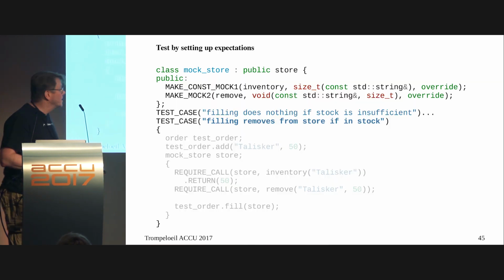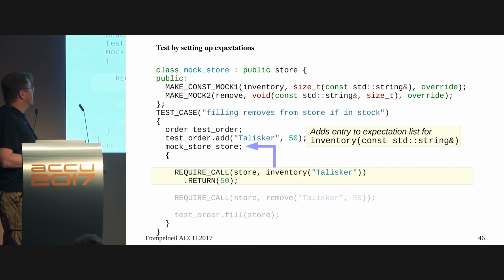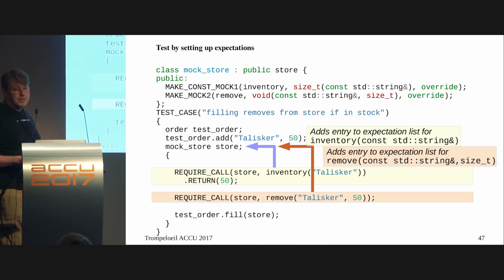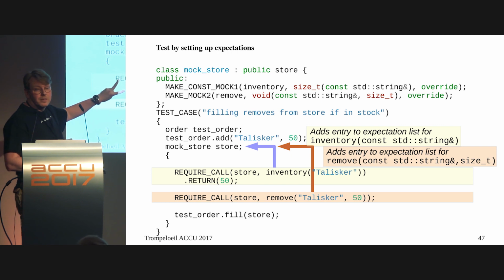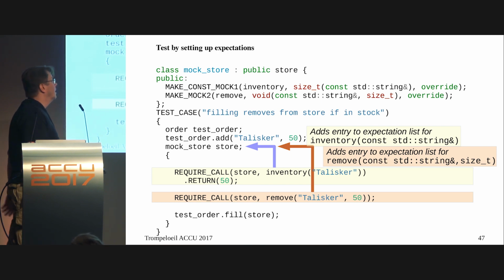Okay, excellent, one more test. Filling removes from store if in stock. So again, we set up an expectation that inventory is called. And we set up a new expectation that remove is called. Now you may note that these are two different lists. There's one expectation list for inventory, there's one expectation list for remove.